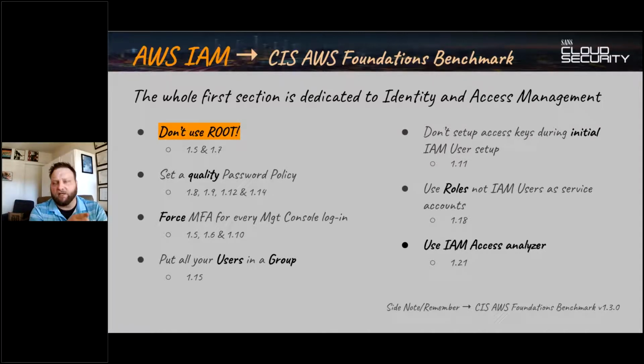This is a good one. I want to touch on this one just a little bit further. When you create a user in IAM, you have the option to give them console login access and/or programmatic access. If the user creation is not specifically for programmatic access and that's all they're going to be using it for, don't create keys at the setup. Make them create their own keys or request their own keys.